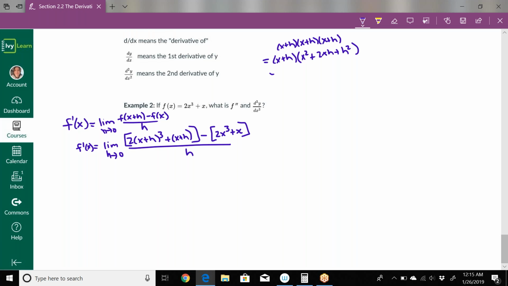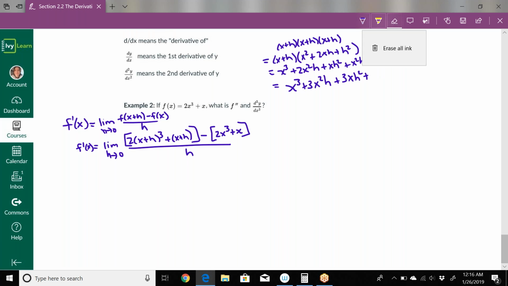And then if you multiply that by another x plus h, you get an x cubed plus a 2x squared h plus an xh squared plus an x squared h plus a 2xh squared plus an h cubed. In other words, the pattern is the first thing gets cubed, you get 3 x squared h's, you also get 3 xh squareds, and you get h cubed. I was on a 3 kick.